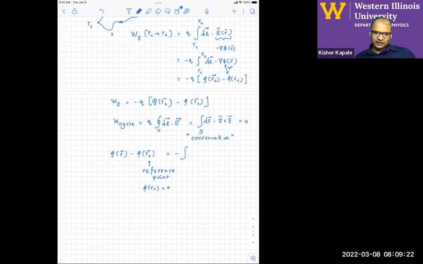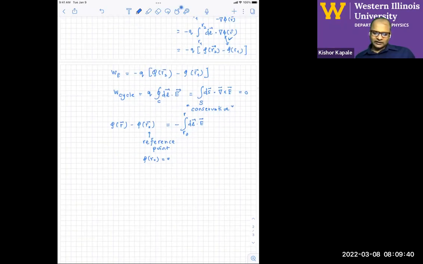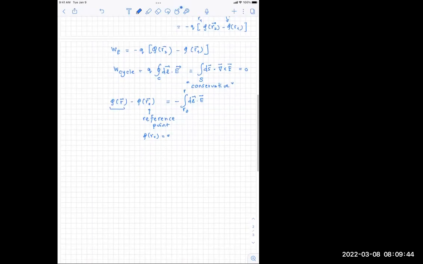a negative integral from R0 to R of dl dotted with E. So you take a unit test charge and you move it along any path, it does not matter, from R0 to R1, and you calculate this integral of dl dotted with E, and that gives you the expression for the potential.